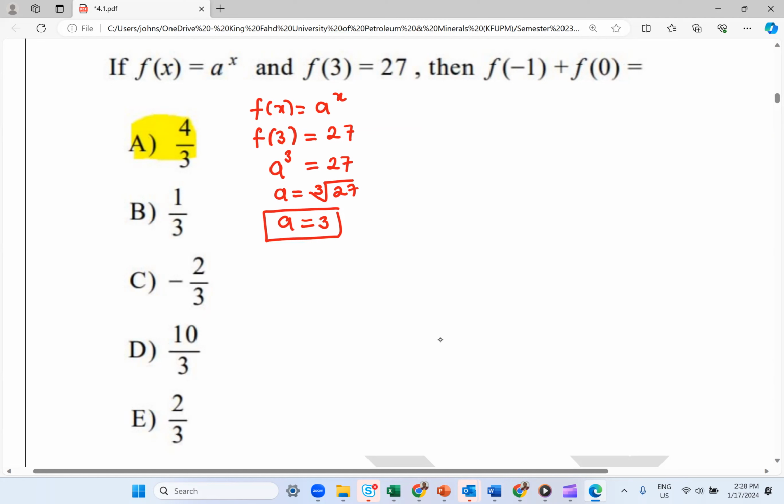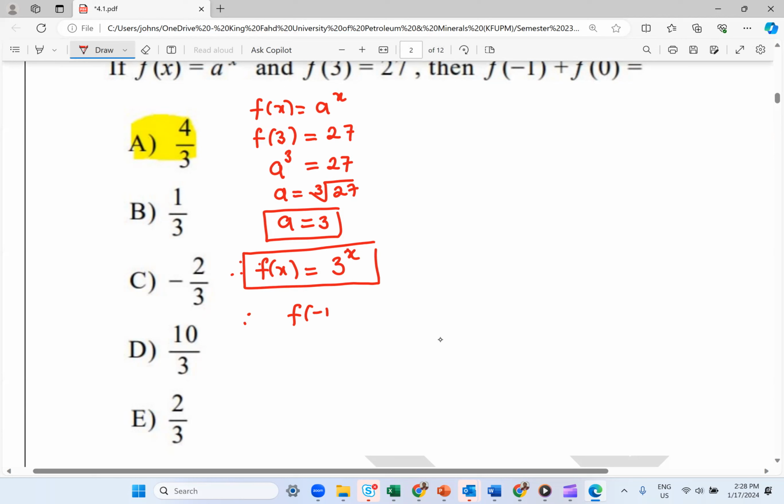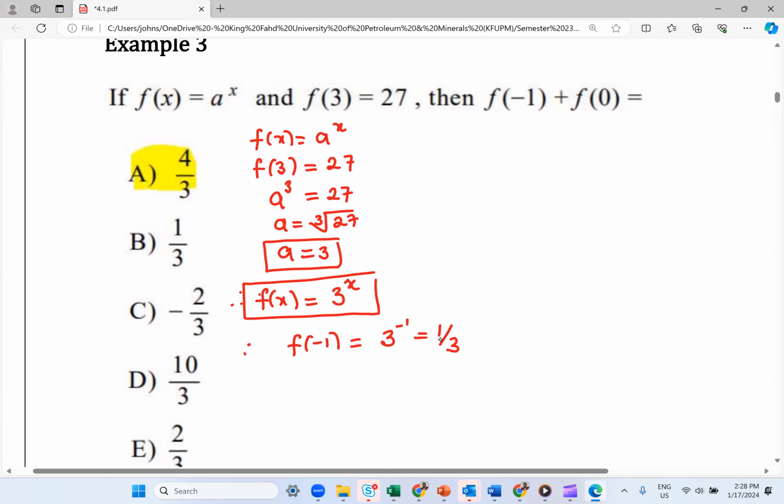So what it means is that our f of x is nothing but 3 to power x. Therefore, we can find f of minus 1 will just be 3 to power minus 1, which is 1 over 3. And we're looking for f of minus 1 plus f of 0, which is 3 to power 0, which will give us 1.